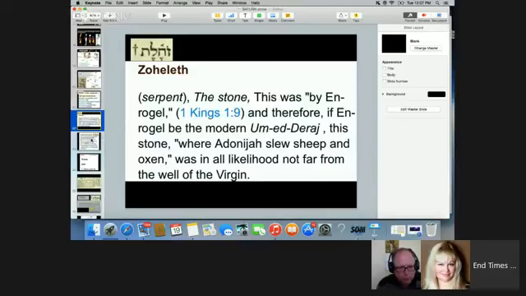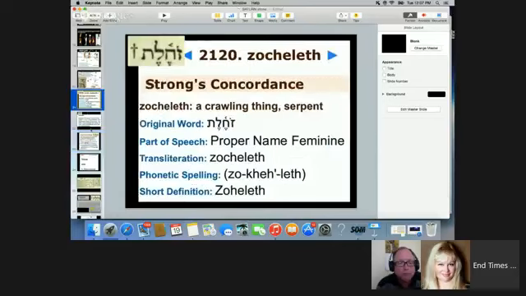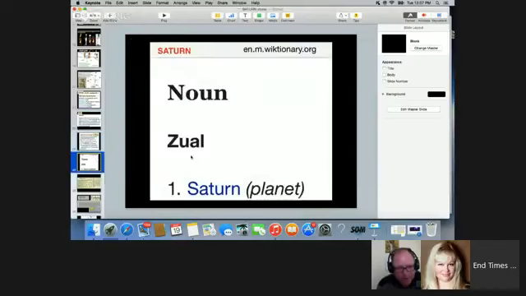And here it is again. Here's the connection with the word in Arabic. Zual means Saturn. And this word is this word, and it's this word. I believe that Zool was used in the Ghostbusters movie, and it means Saturn.